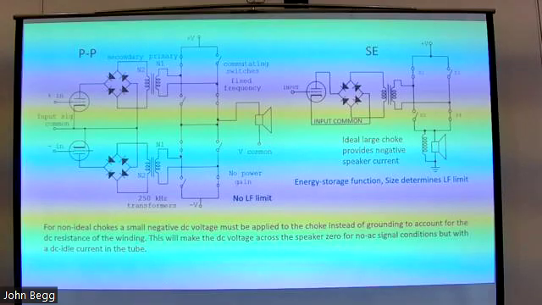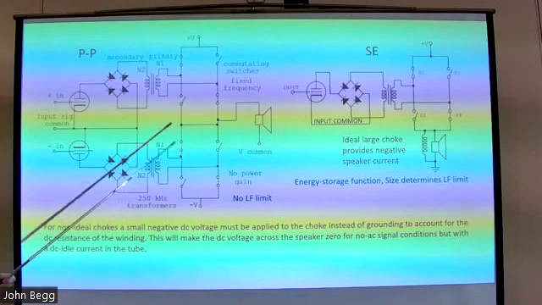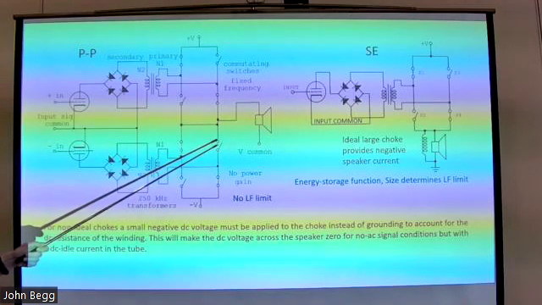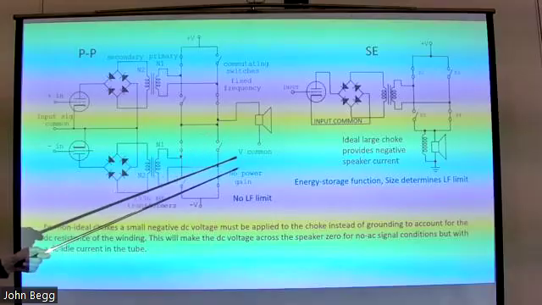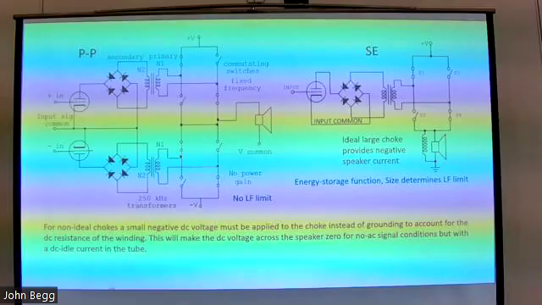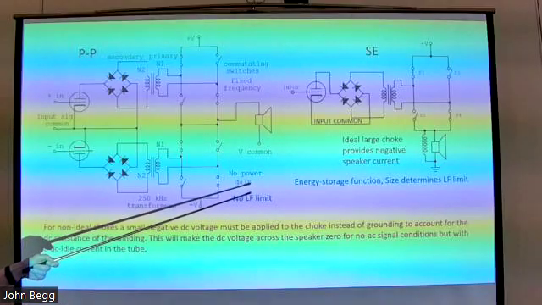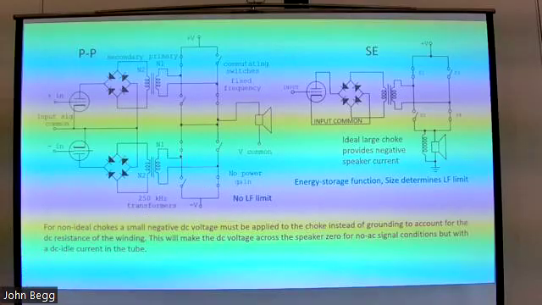So what do I do? Well, one thing I can do is put a choke across the speaker like that, and that will provide a DC idling current through this whole circuit. So the tube has an idling current, the MOSFET bridge has an idling current, and there's an idling current being fed into this choke-speaker combination.